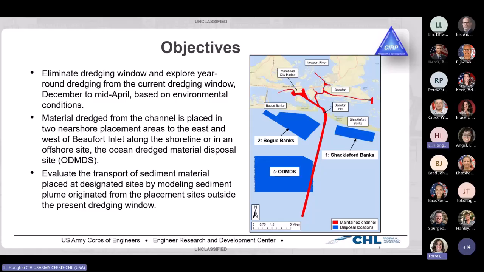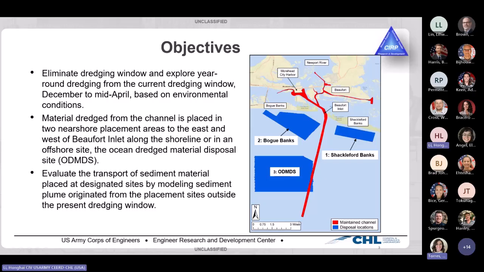You can see here the dredging material is placed at 3 sites. Two are nearshore sites, Shackleford Banks and the second one, Bogue Banks, so both are nearshore placement sites. The other one is an offshore site, ODMDS.